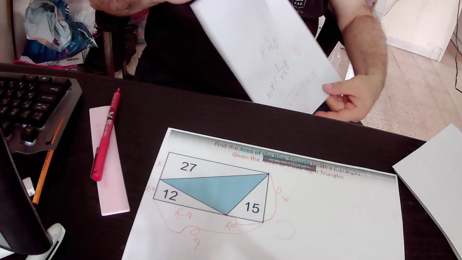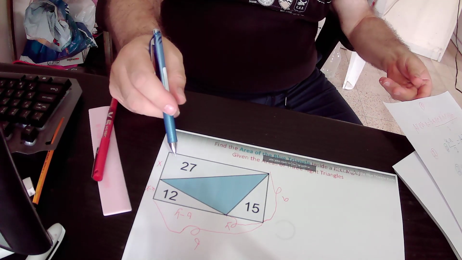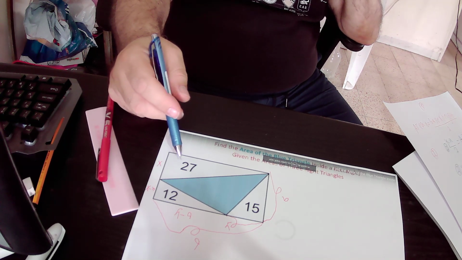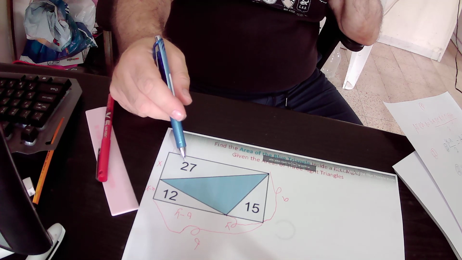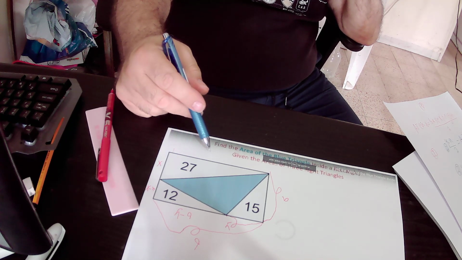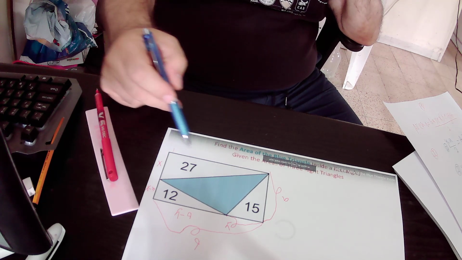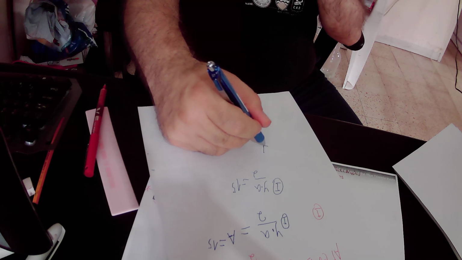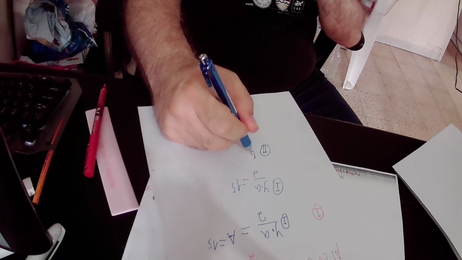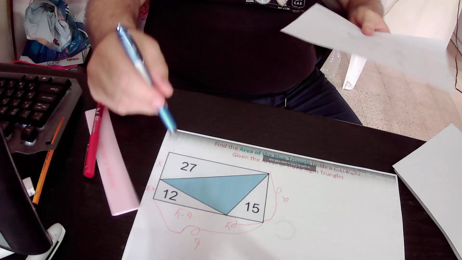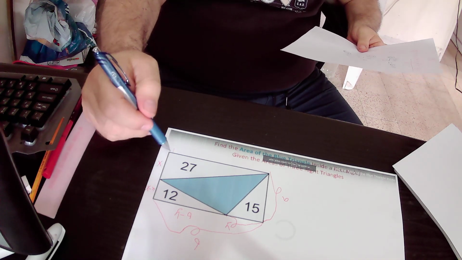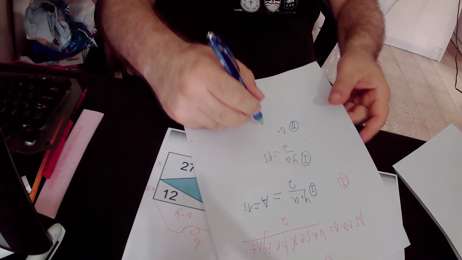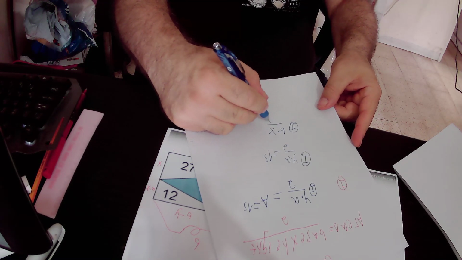Then we will create the formula for the area of this triangle. The area of this triangle equals the base of the triangle, that is b, times the height of the triangle, that is x, divided by 2.